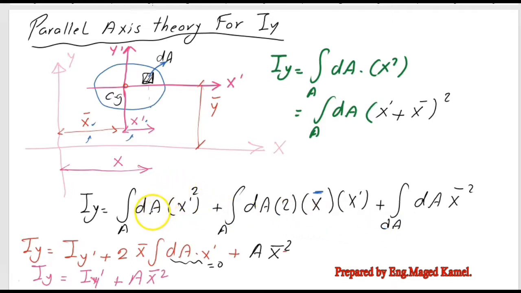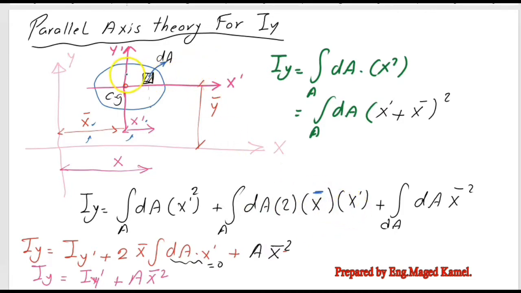Similarly, this term, dA by x dash squared, is the moment of inertia about y dash, plus 2 times x bar, being constant, it will come out as 2 x bar. And inside the integration sign will be the multiplication of dA by x dash.